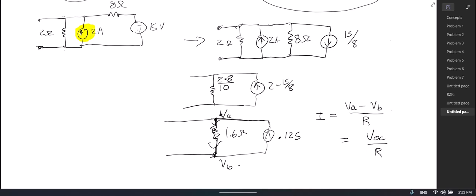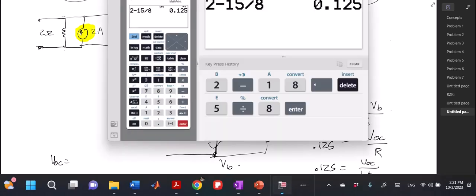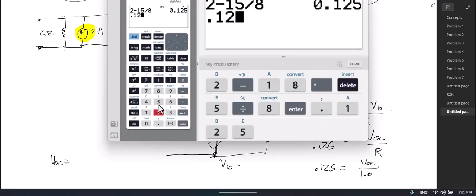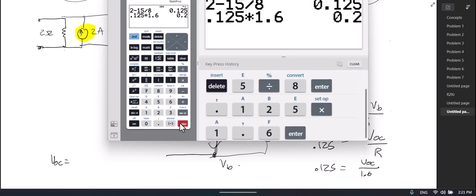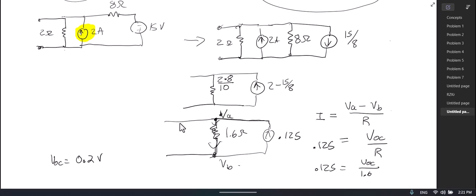And I is 0.125. So 0.125 equals V open circuit over 1.6, or V open circuit equals 0.125 times 1.6, which is 0.2 volts. Okay, so that is not a terribly ridiculous answer.